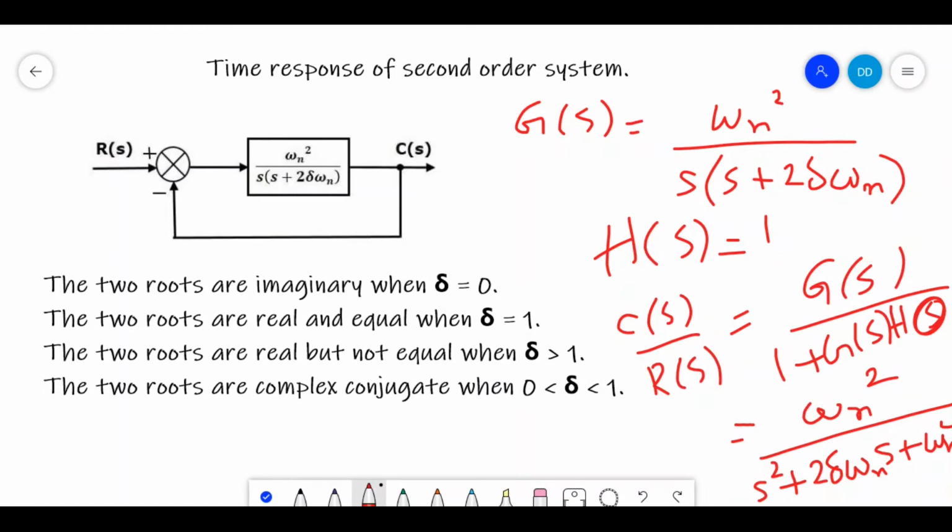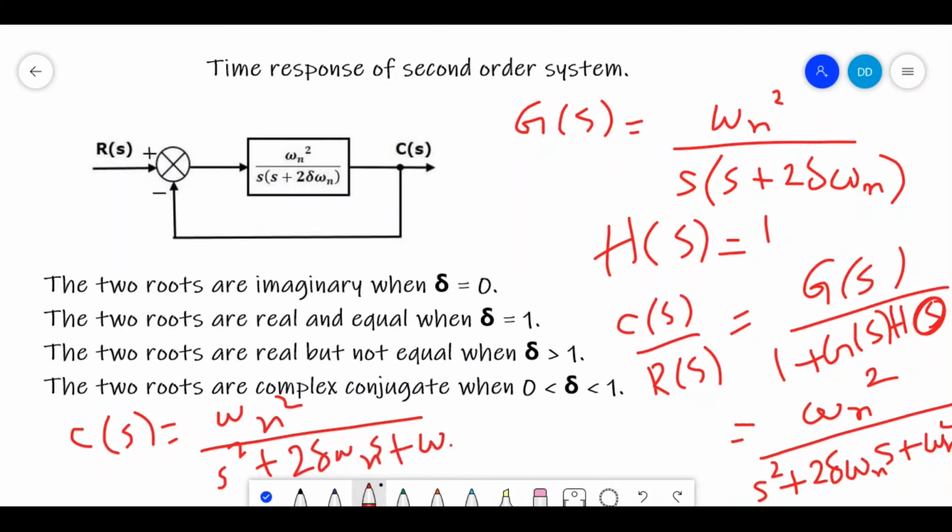So we can write C(s) as omega n square divided by s square plus 2 delta omega n into s plus omega n square, into R(s). This R(s) can be either step, ramp or any type of input. So we will be obtaining the response C(t) for a step input.